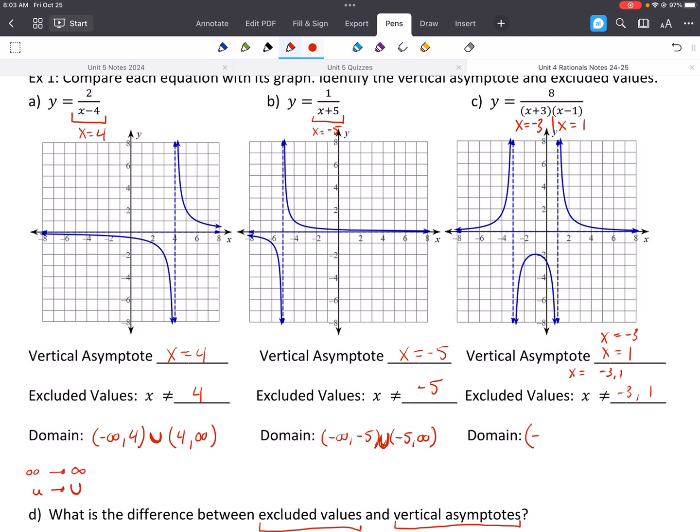So you would not want to go -infinity to 1 because there should be a gap at -3. Does that make sense? So we'd need to do -infinity to -3 first, and then from -3 to 1, and then 1 to infinity. So smallest to largest, or lowest to highest.